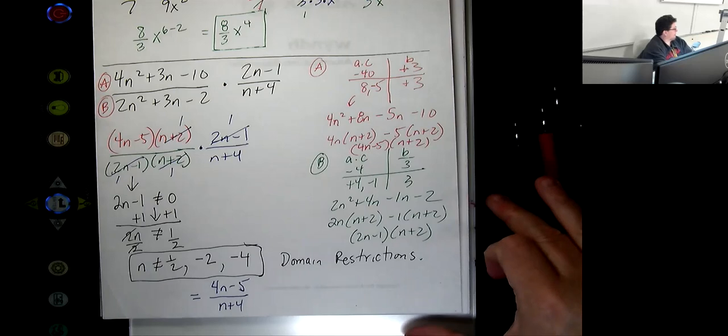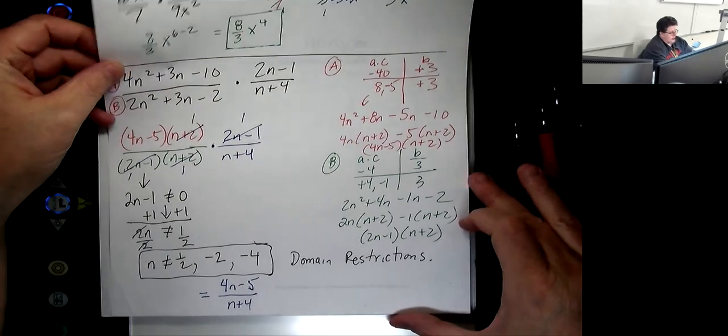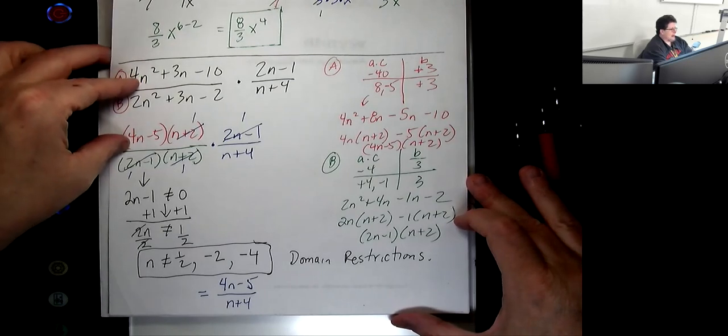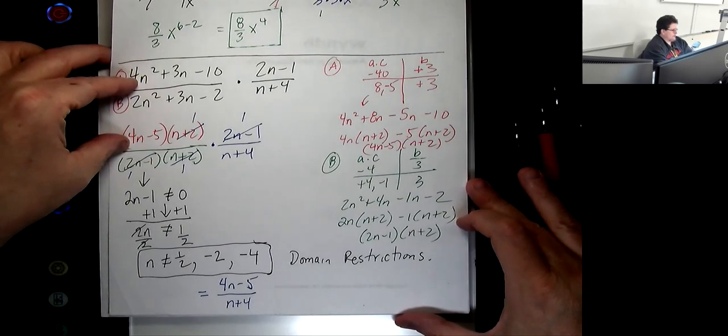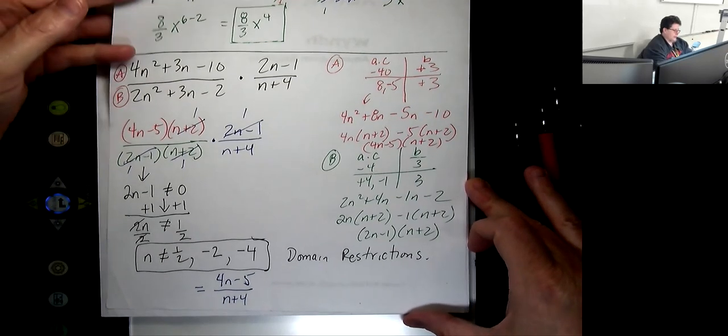You guys ready to pick it up a notch? All we're really doing is we're just factoring more stuff. Just like the last few sections we've been doing, it's just factoring. So you're getting a lot of practice with factoring. But let's just go big.